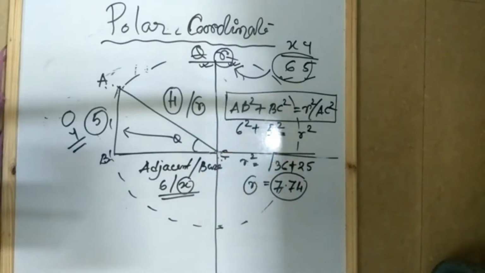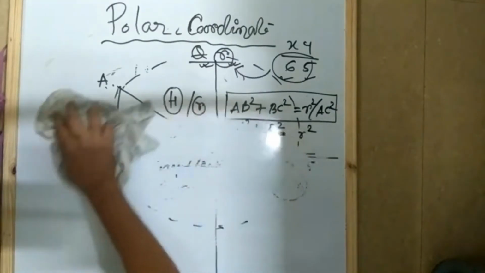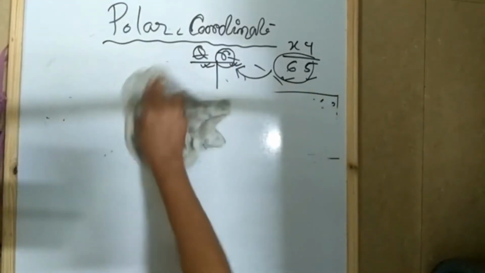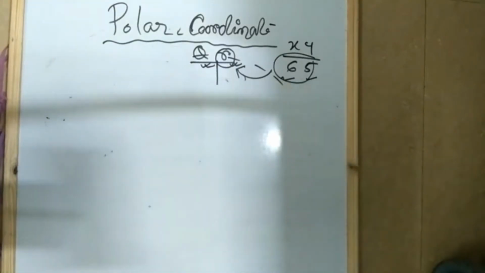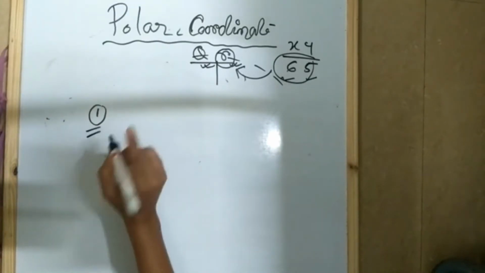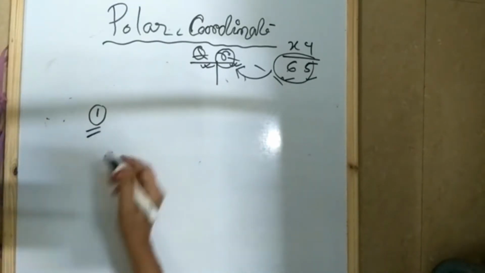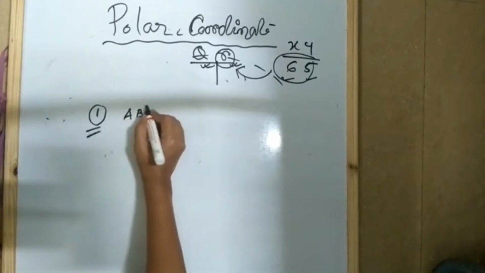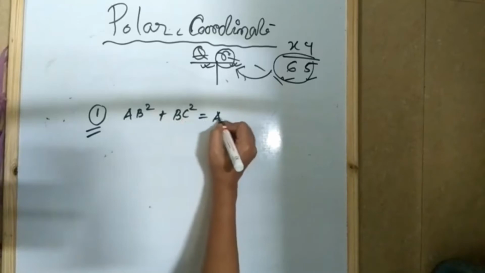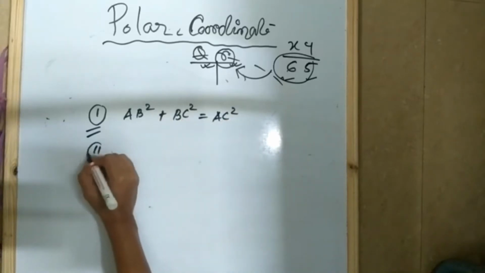Now come to the point of theta. You have to identify the theta. For the polar coordinate, first we use the Pythagorean formula, AB square plus BC square equals AC square, and the second one is the following.